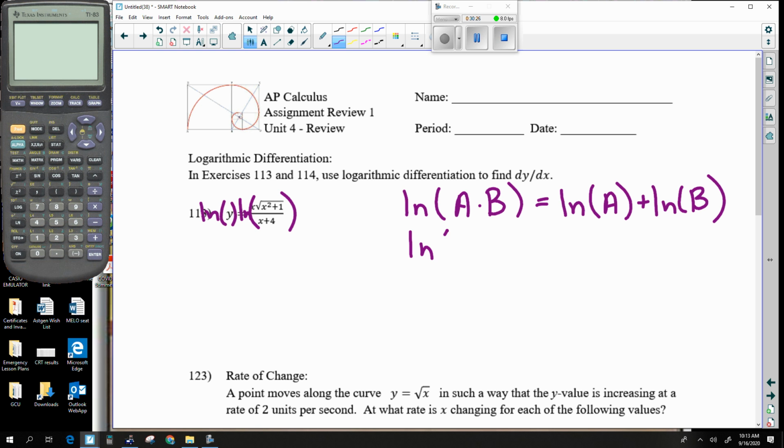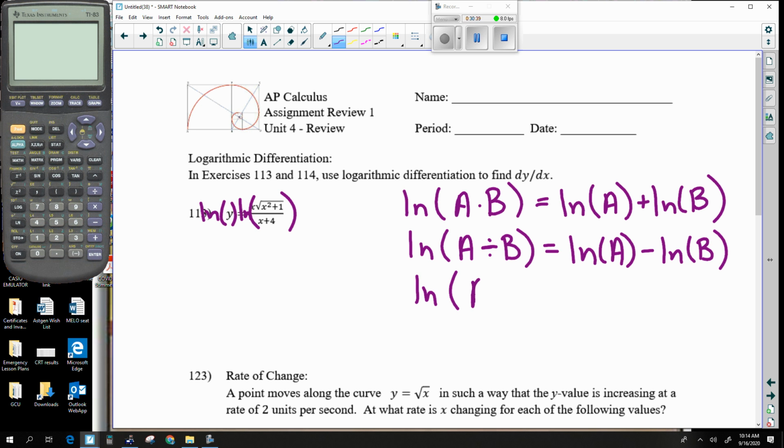Same idea if I have a divided by b. A division is a subtraction. And last but not least, if you have, say, a second power or some exponent in there, that is an outside multiple of the ln.